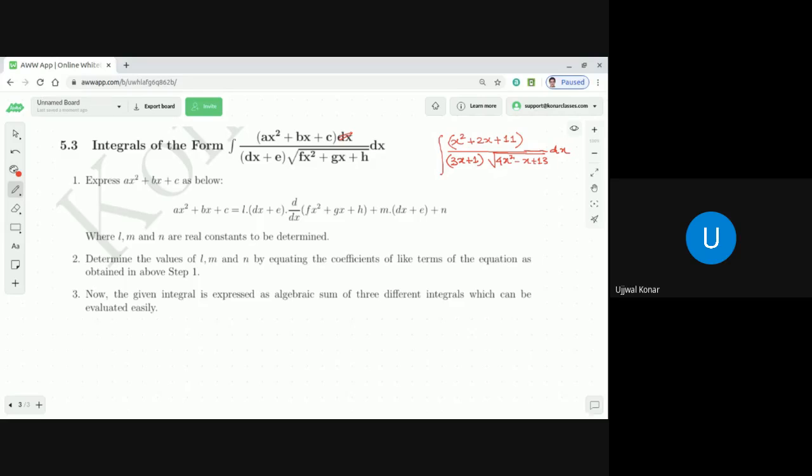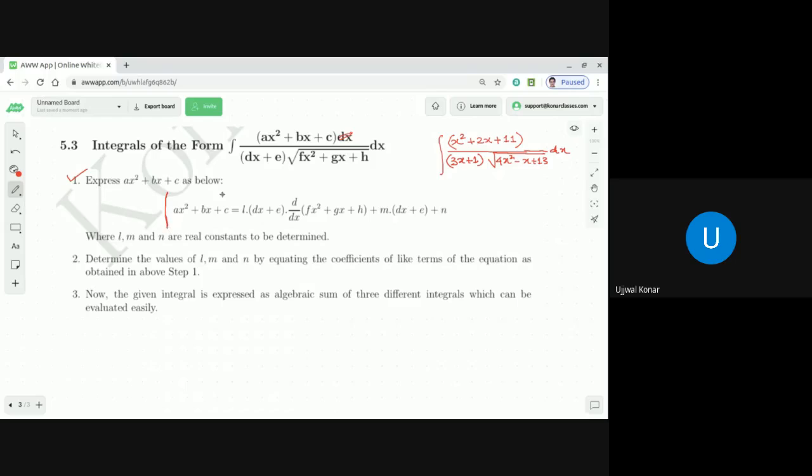If you get it like this, then the first step is to express the numerator quadratic expression as L into the linear expression in the denominator, plus M into d/dx of the quadratic expression of the denominator, that is fx square plus gx plus h, plus N.